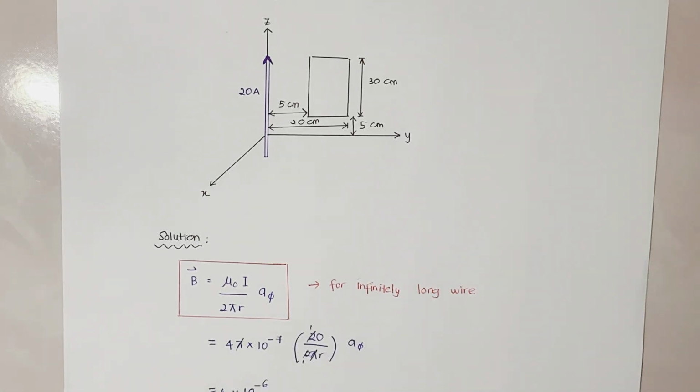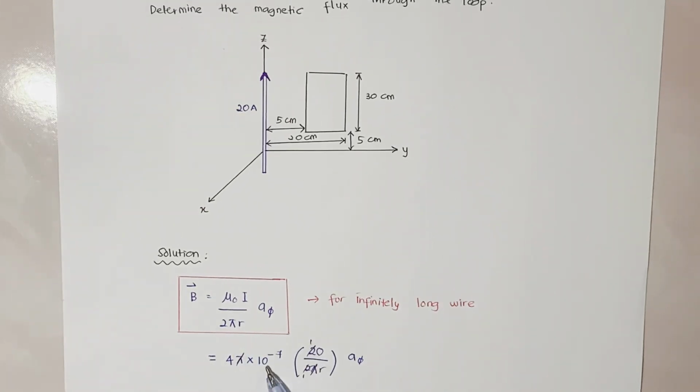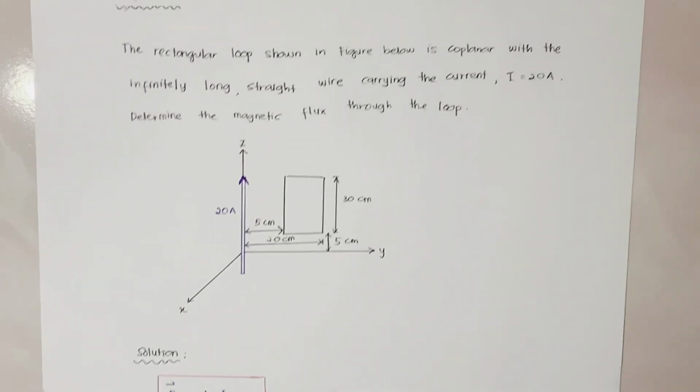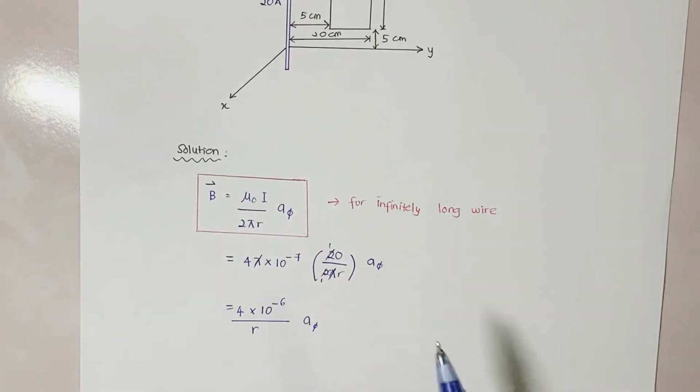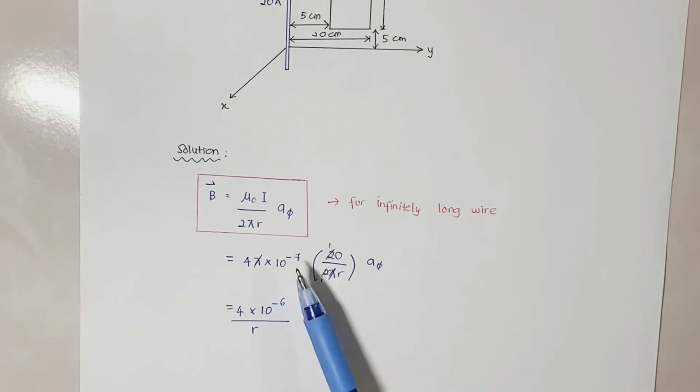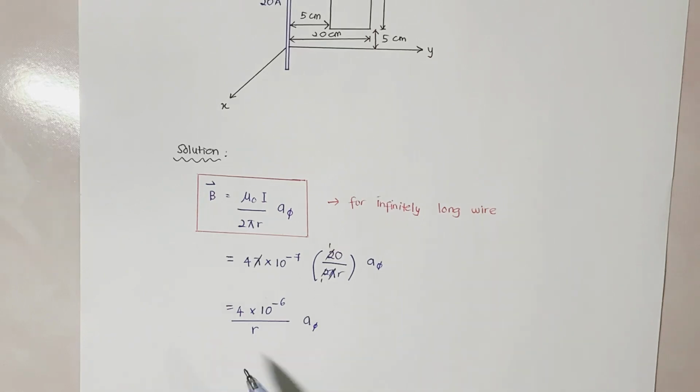So just substitute mu naught is equal to 4 pi times 10 to the power of negative 7, and the current given in the question is 20 ampere. So 4 pi times 10 to the power of negative 7 times 20 over 2 pi r, a phi. When you simplify this equation, you will get 4 times 10 to the power of negative 6 over r times a phi.